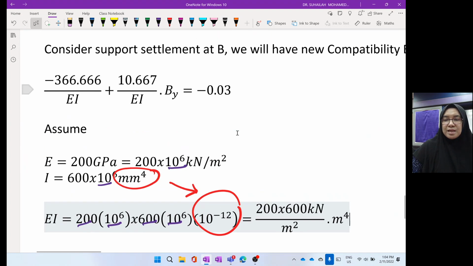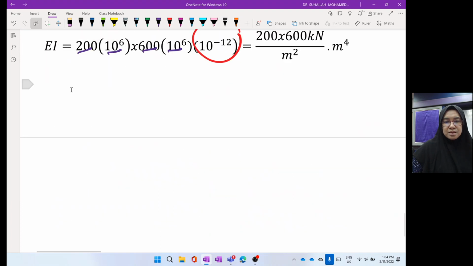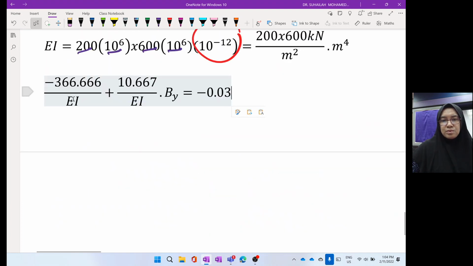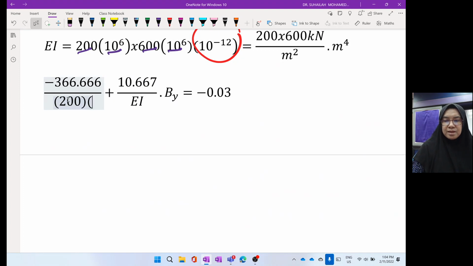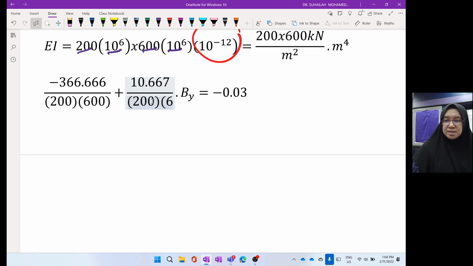Okay, now we substitute. Take this. This one we divide by 200 times 600. And this is also same, 200 times 600.